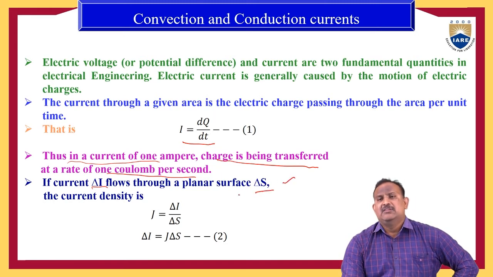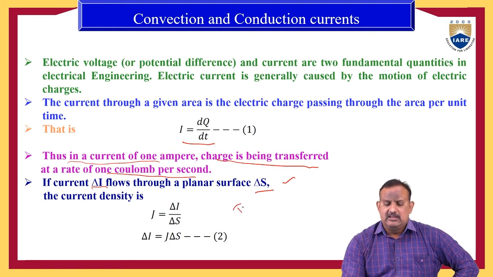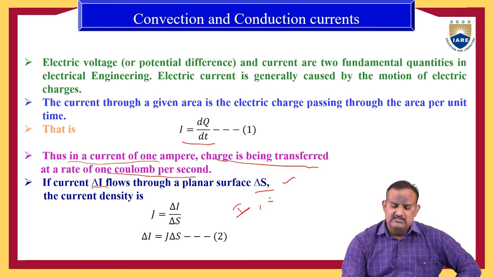Then the current density can be defined, where I is the current and J is the current density.